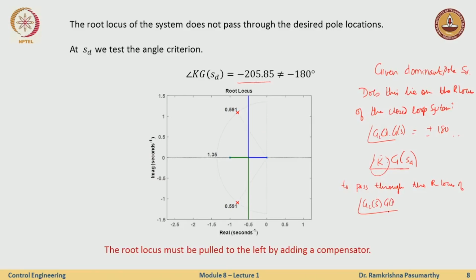Which essentially means I want to pull the root locus to the left. And if I remember what I had learnt in module 7, add a zero, so that it will be to the left. Now where to place the zero is the first question. I say okay, add a zero, do I really add this blindly anywhere?